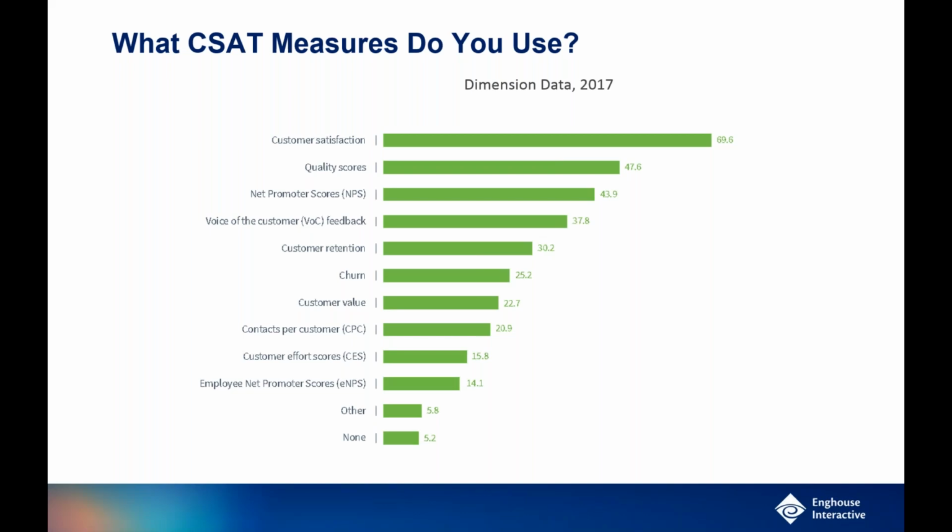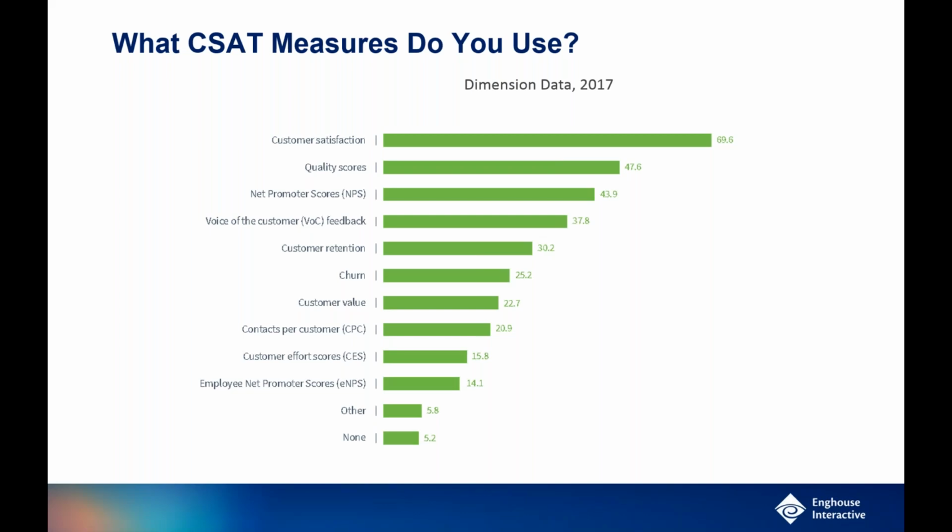And then we start to get into the quality scores for the interaction or the agents, the net promoter score, which a few years back was an extremely hot topic, has maybe lost a little bit of its luster over the last few years, but is still a heavily used metric. The net promoter score being, what's your likelihood for recommending us to someone else in a single metric.